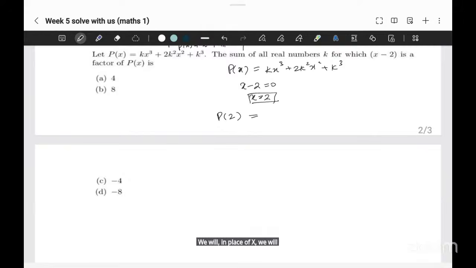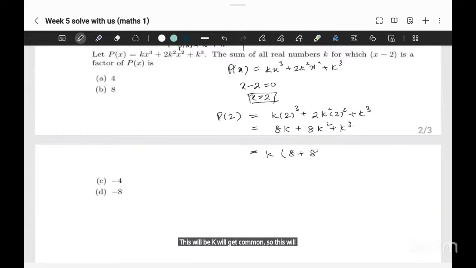So this will be k times 2 cube plus 2k times 2 square plus k cube. So this will be 8k plus 8k square plus k cube. Now from here, k we take out common, so this will be k times 8 plus 8k plus k square. Correct?